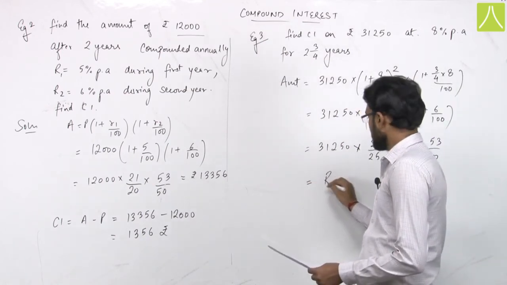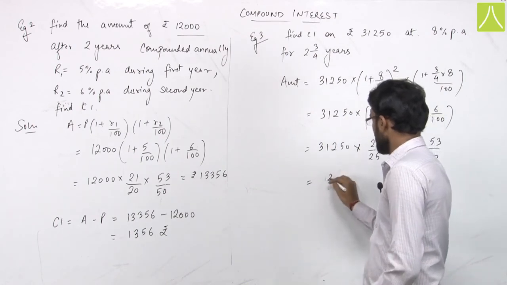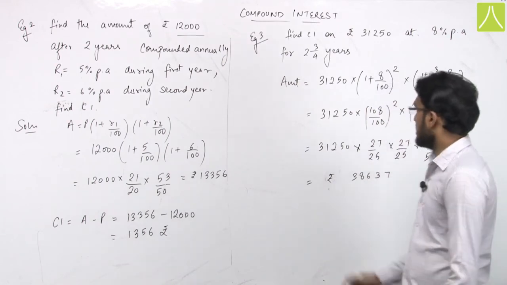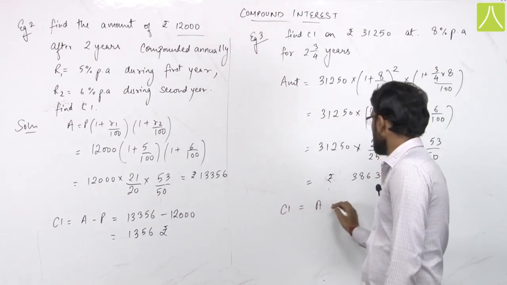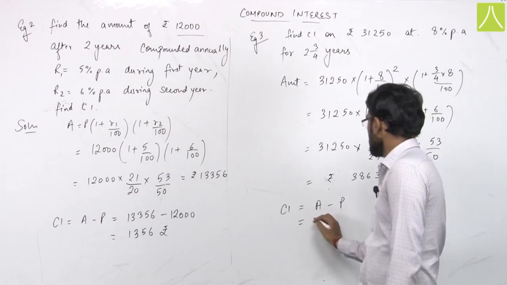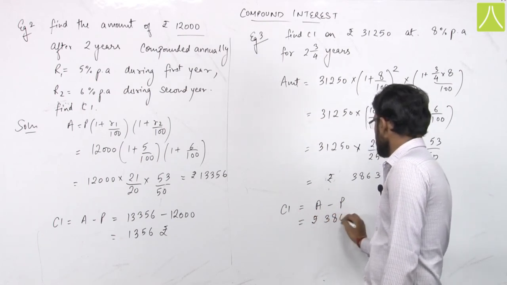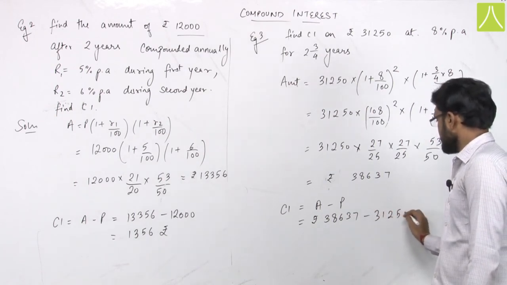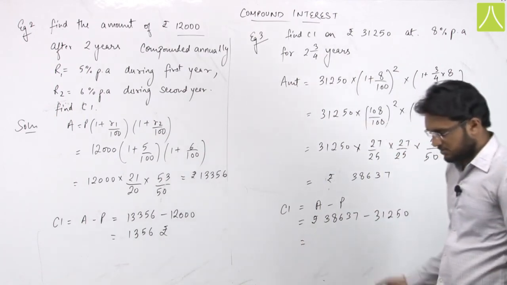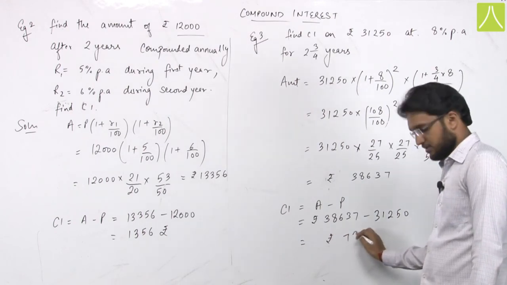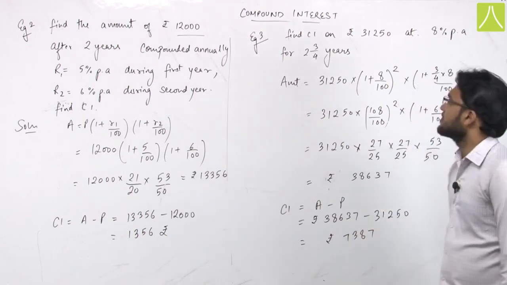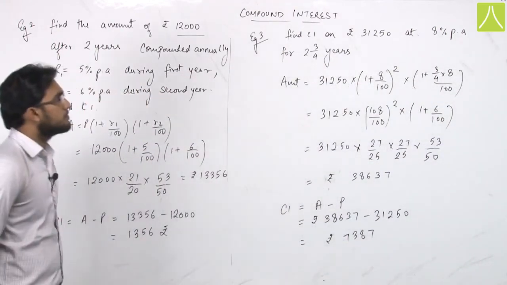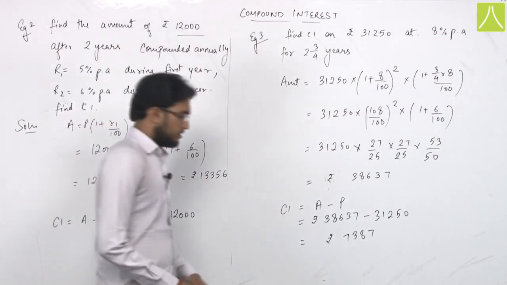Solving this, we calculate the amount, that is equal to rupees 38637, and for the compound interest, compound interest is calculated as amount minus principal, rupees 38637 minus principal rupees 31250. So we get the compound interest as 7387. Now this is the compound interest on rupees 31250 at 8% per annum for 2 3/4 years.